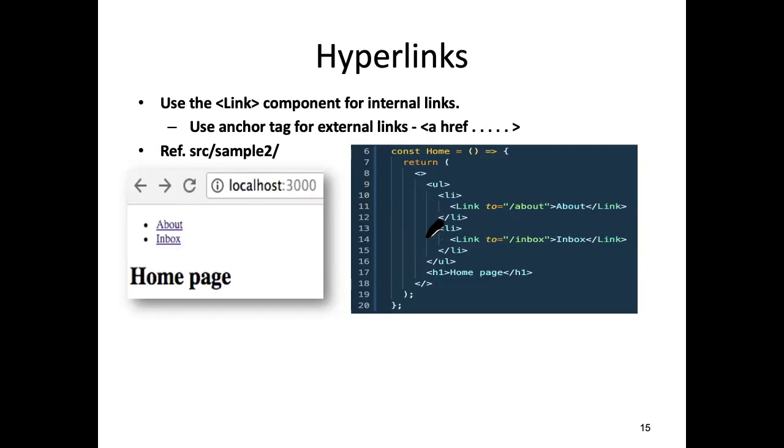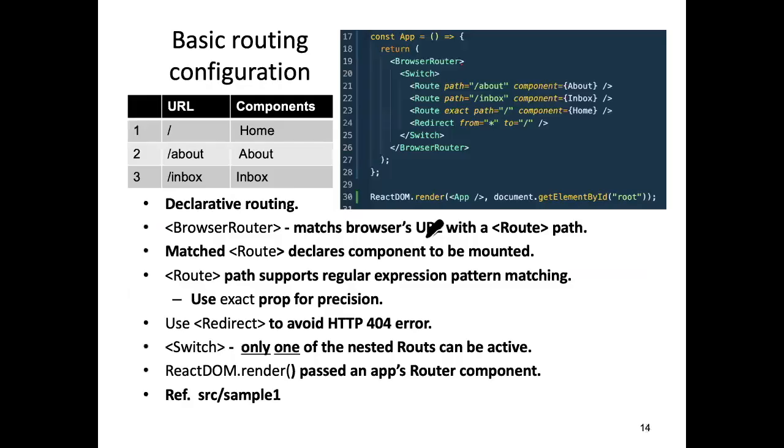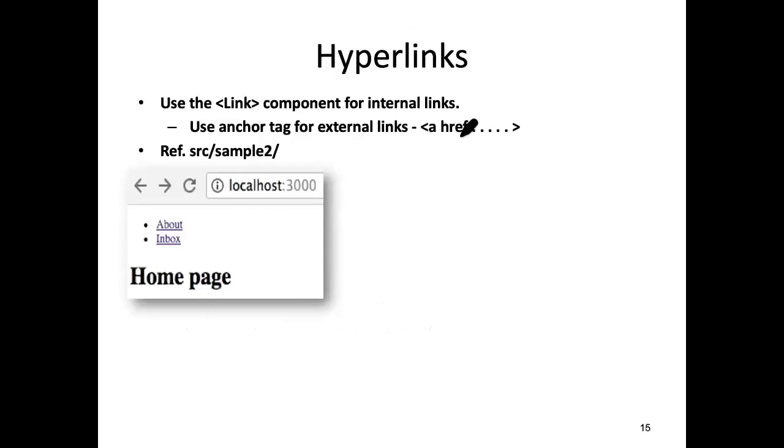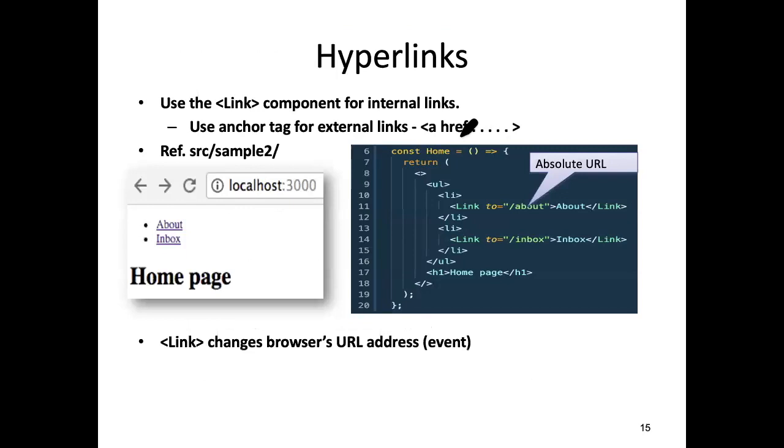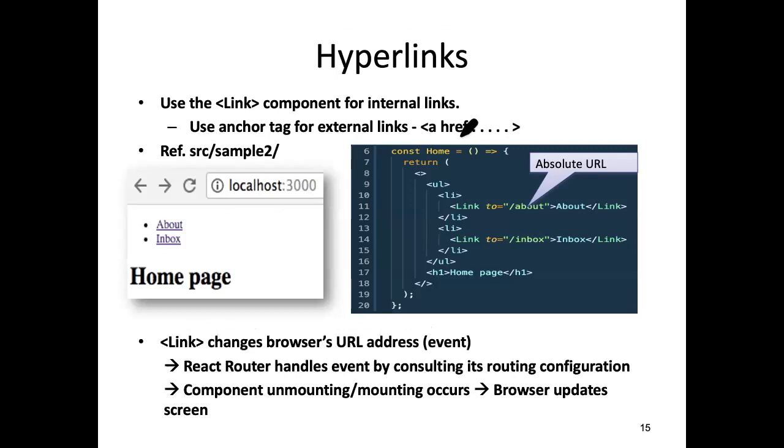It will consult its routing configuration, and by that I mean it will look at this kind of stuff to decide which component should be mounted onto the DOM and also which one should be unmounted. And so that's what I'm kind of describing there at the bottom of the screen.